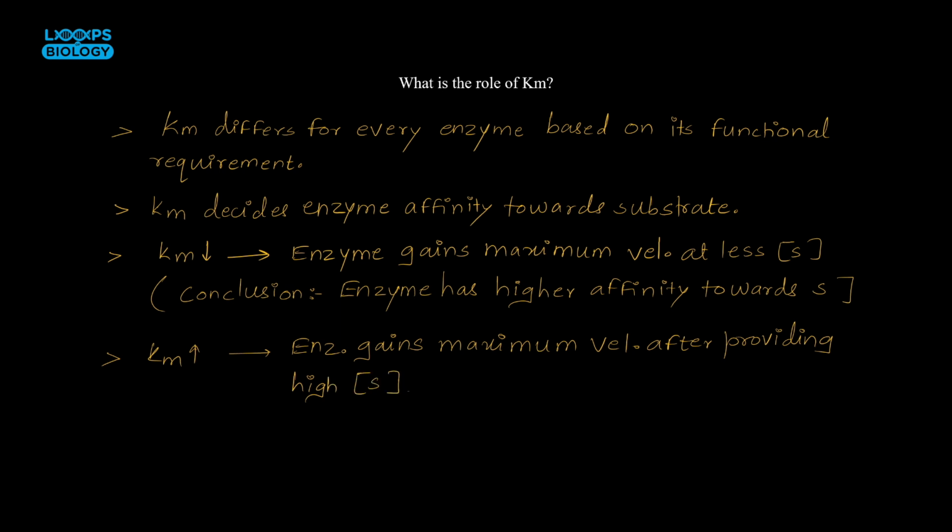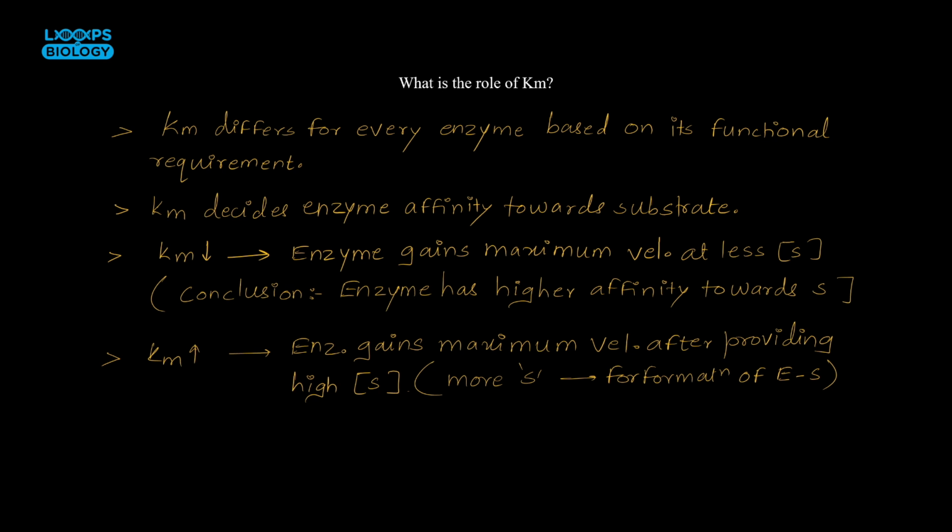That means we have to provide more substrate to that particular enzyme so that the enzyme substrate complex is going to be formed. So more substrate is required for formation of enzyme substrate complex, guys. Got it?